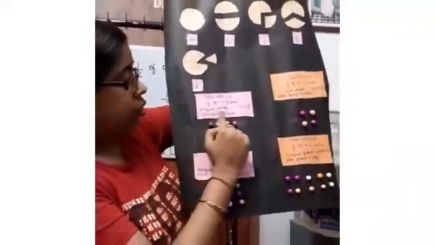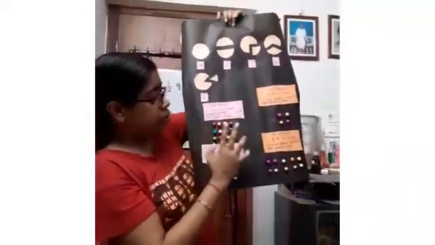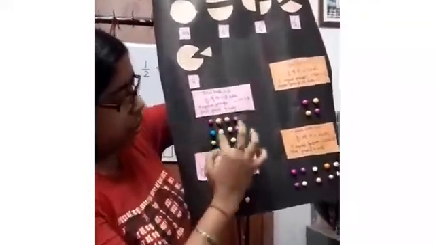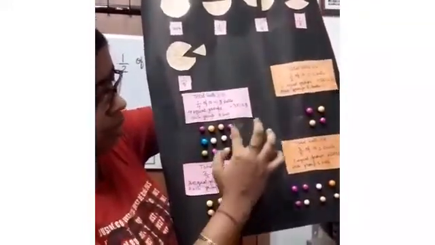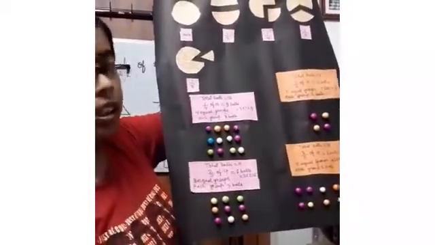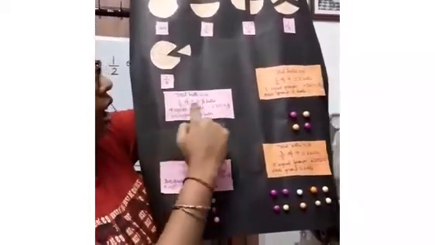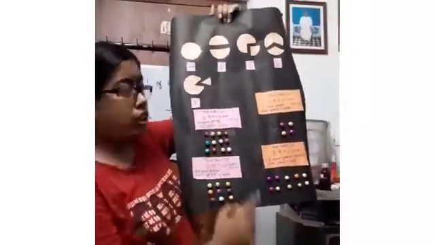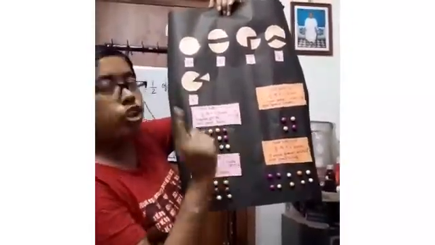So 4 equal groups, and how many balls in each group? 3 balls in each group. So 1/4 of 12 means in each group there are 3 balls.